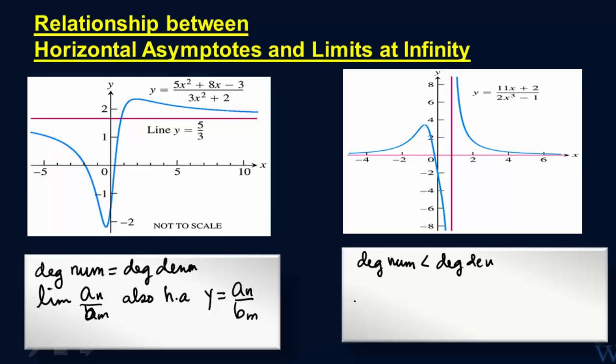Okay, and then we say that the limit is 0, which also means that the horizontal asymptote of the graph of this rational function is y equal to 0. So whatever the limit is, if it does have a limit, it corresponds to the horizontal asymptote.